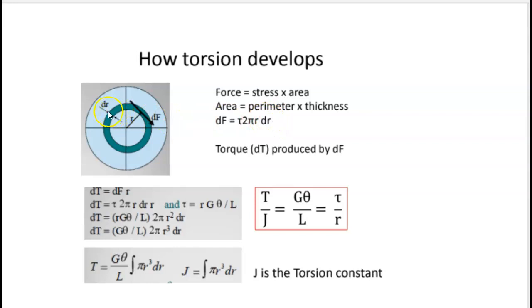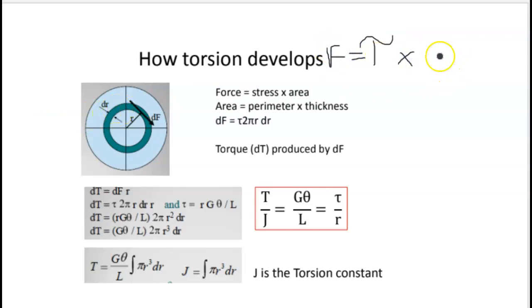Because I took the part of this radius, the total radius is r, and I multiplied that with a tau, because the real formula is this one. Shear stress, force equal to stress, shear stress and shear area. The shear stress here is tau, so force equals tau times the area covered.